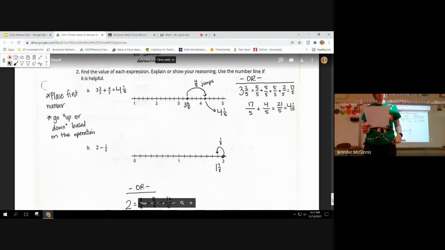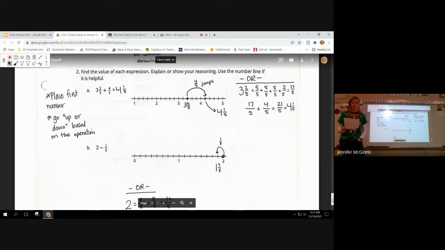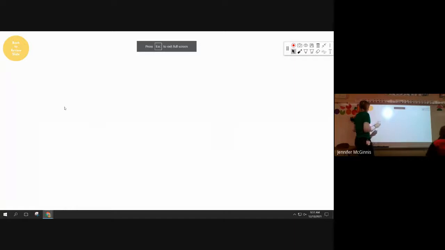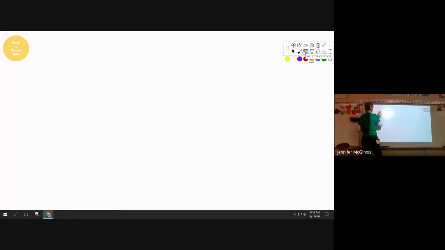This word problem, I'll just read it to you. It says, Noah's favorite song is 5 1/6 minutes long.